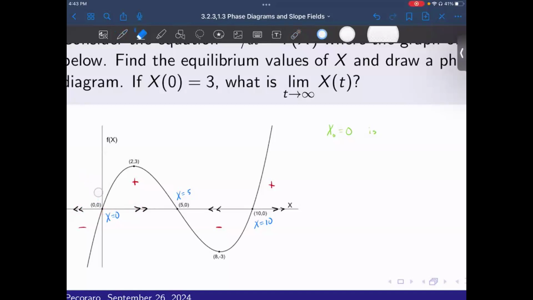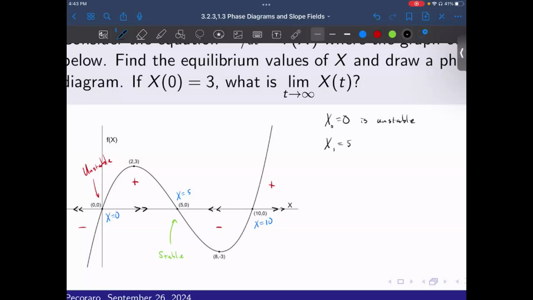Maybe I should do that in red. Red feels like an unstable color. So this is unstable. And then this one right here, for the same reason, just in reverse, is stable. x0 equal 0 is unstable. x1 equal 5 is stable.